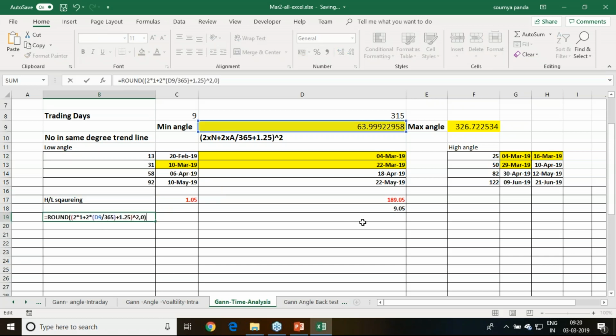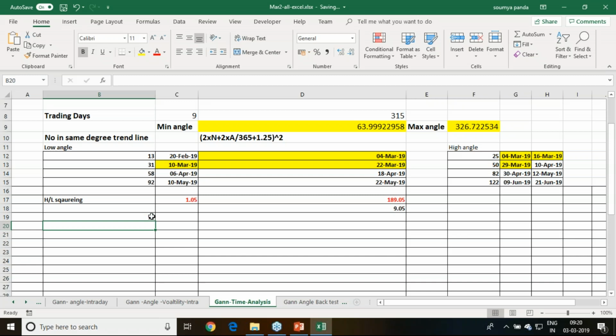Now I have to change this angle A to D18. n equal to 0 we have not found, so n equal to 1, from here we are starting.